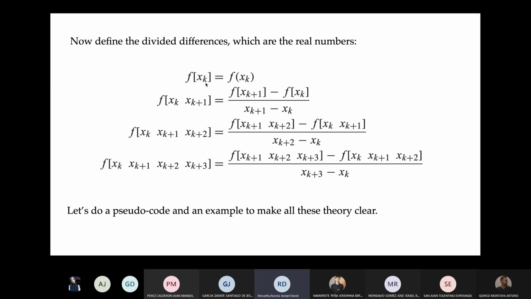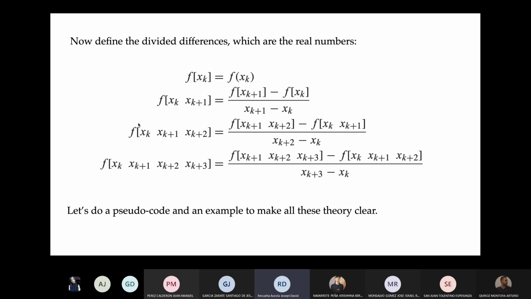The first coefficient, of course, is just the evaluation of the formula. The second coefficient is when k is 1, and we'll see that it is f(x2) minus f(x1) divided by x2 minus x1.